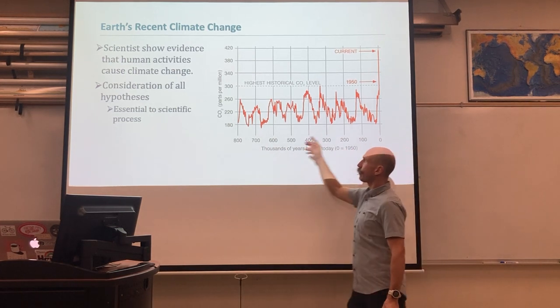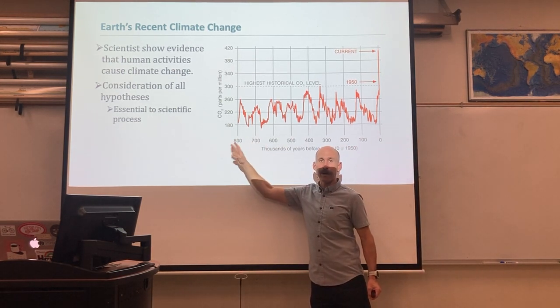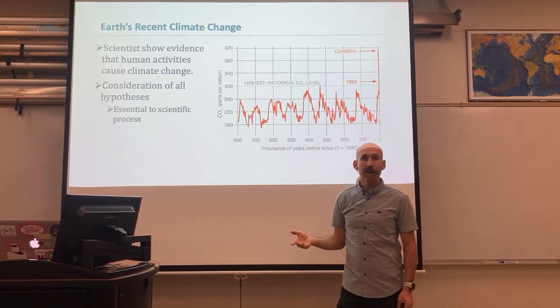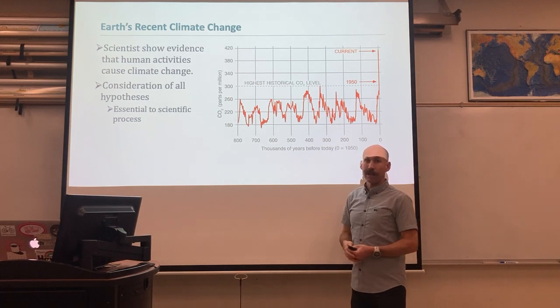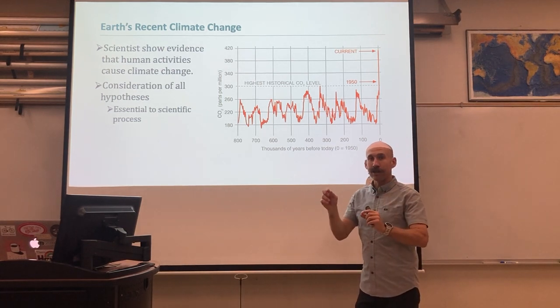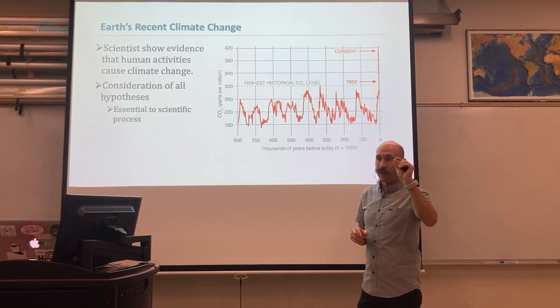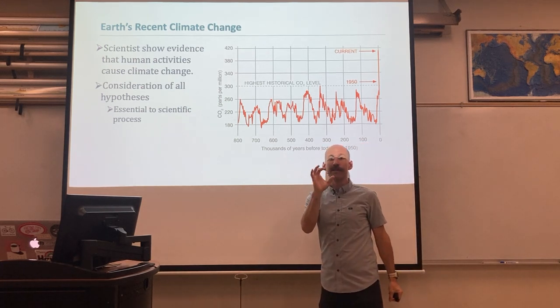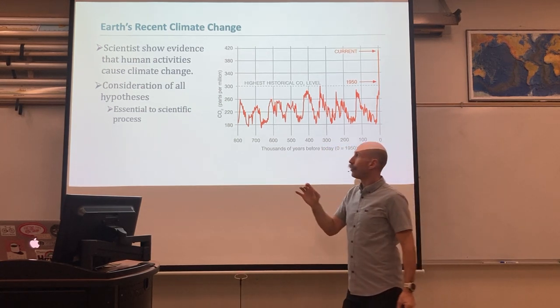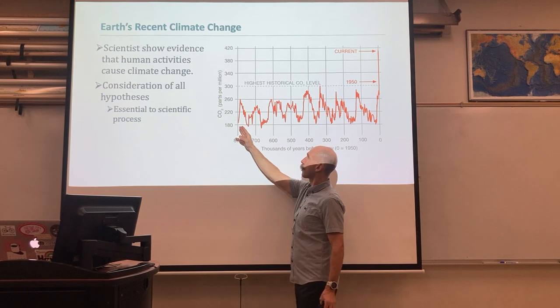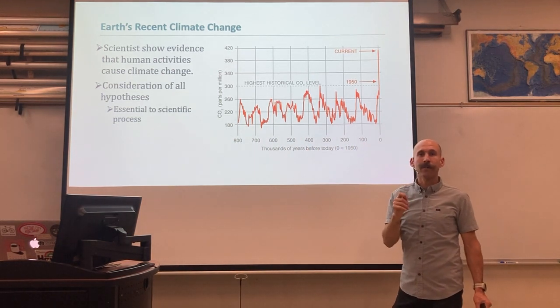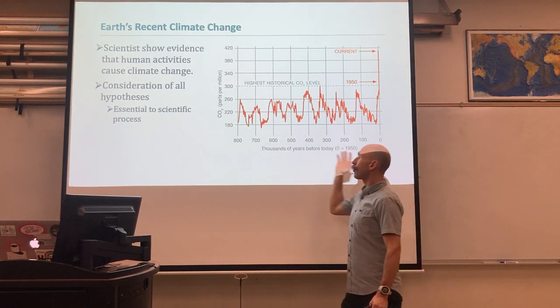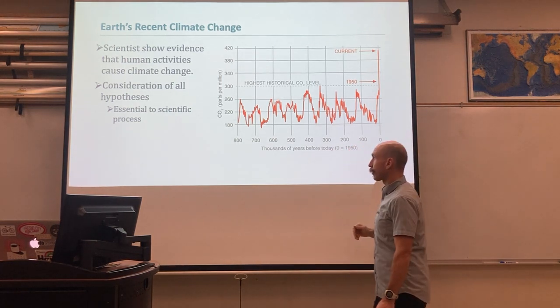800,000 years of carbon dioxide records. Where does this come from? Drilling into the ice in Antarctica and using air bubbles, oxygen isotopes, and the concentration of carbon isotopes in these ice cores to understand what global atmospheric carbon levels were through the past 800,000 years.